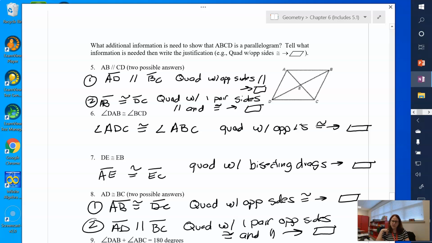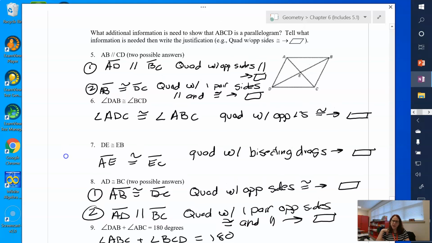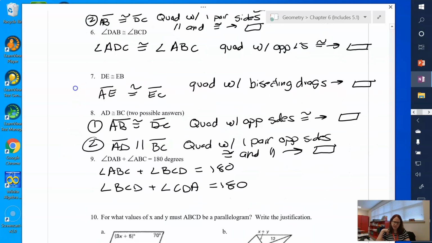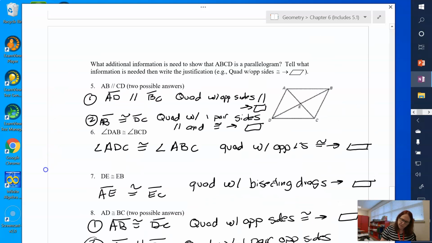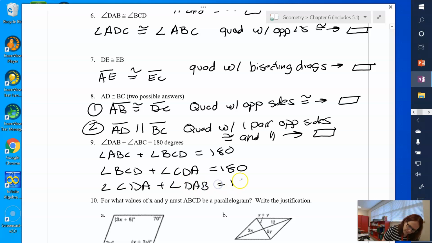And then angle CDA plus angle DAB. So now, since I have all four pairs of my consecutive angles being supplementary, I have a parallelogram.